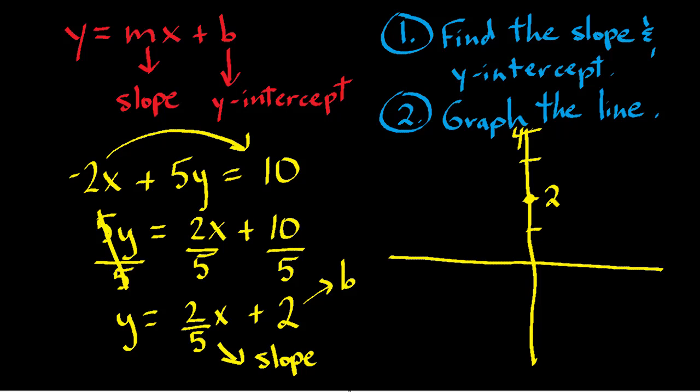Rise 2, because our slope is 2/5 and it's a positive, so we'll rise 2 and then we'll run 5 to the right. So 1, 2, 3, 4, 5. So from here we'll rise 2, run 5, and that's the direction of our line. All right, let's do one more example.